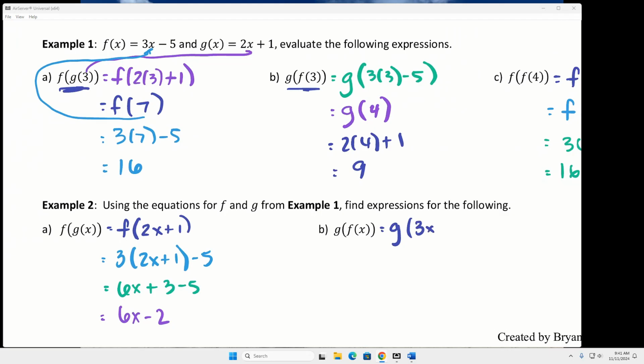So for B, I'm going to take f, which is 3x minus 5. I'm going to put it into g. So I'm going to multiply it by 2. And then I'm going to add 1 to it. Alright, so I get 6x minus 9. So a little different.